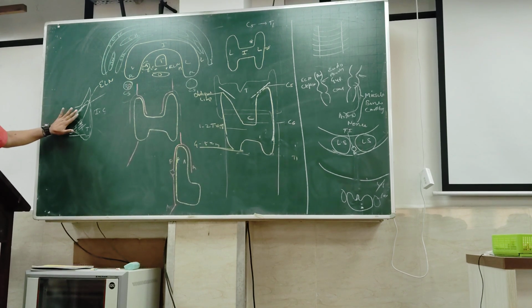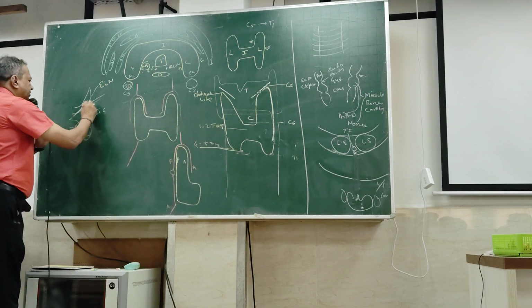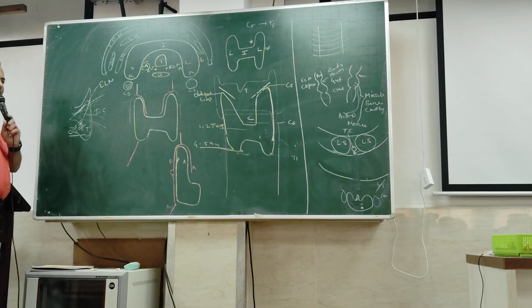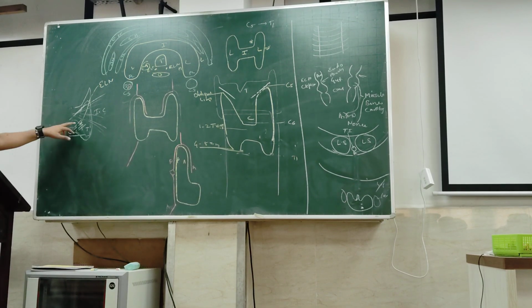So then we see that from the oblique line taking origin is inferior constrictor muscle. Inferior constrictor muscle. Then from the thyroid to cricoid runs a muscle called cricothyroid, which is of the larynx. So these are the two muscles. फिर thyroid gland इधर है, उसको निकाला.